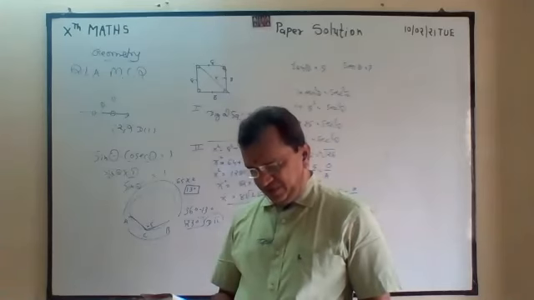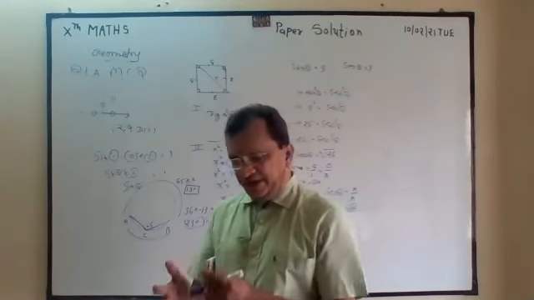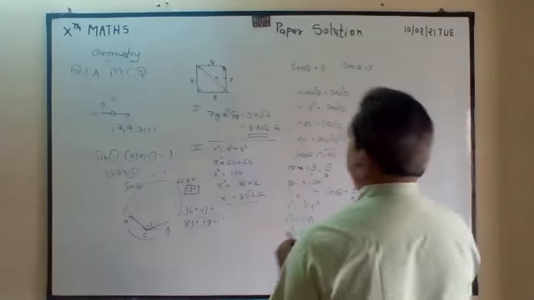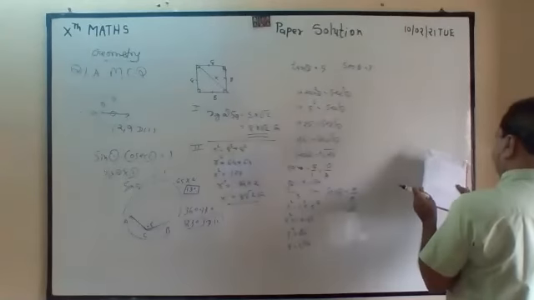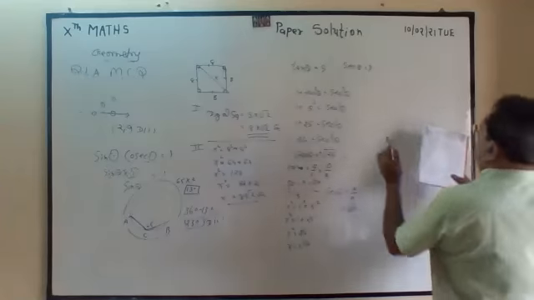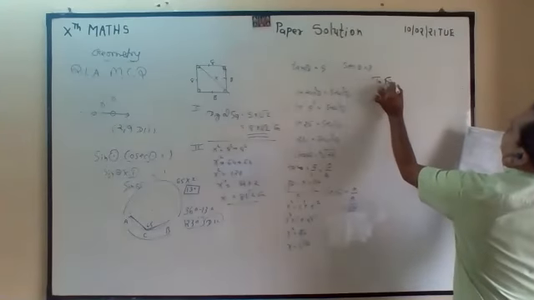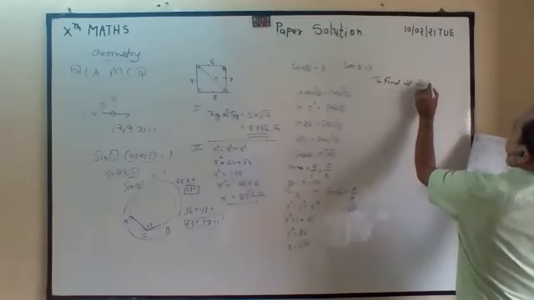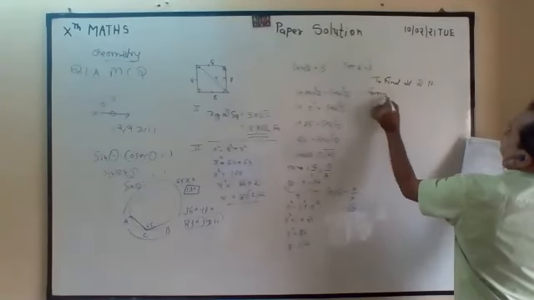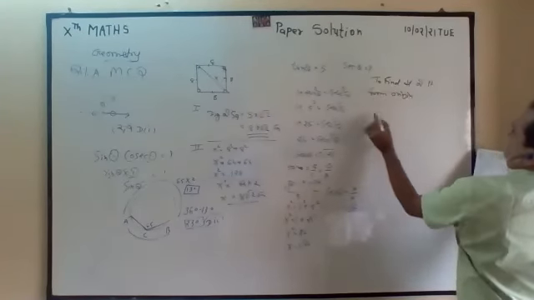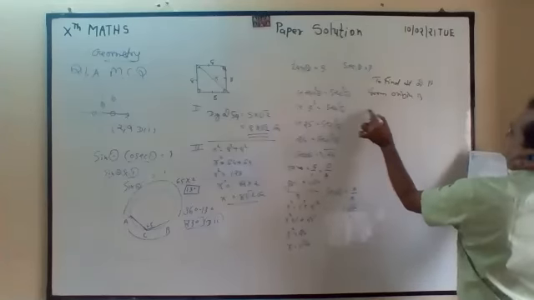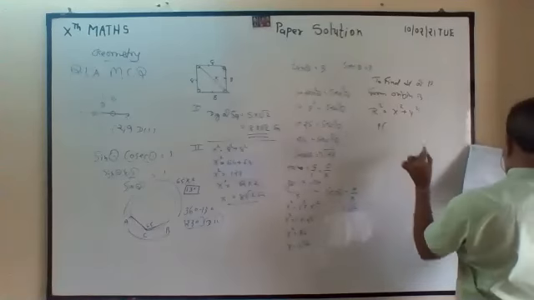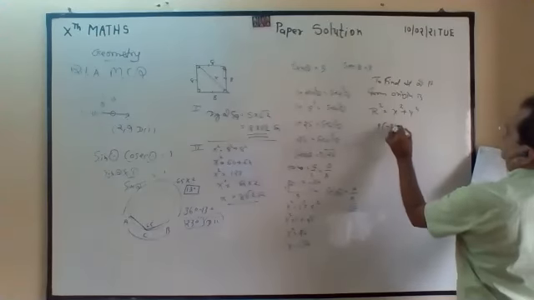This is very important, third question, to find the distance of a point from origin. Find distance of a point from origin: r square is equal to x square plus y square, and that point is -3, 4.